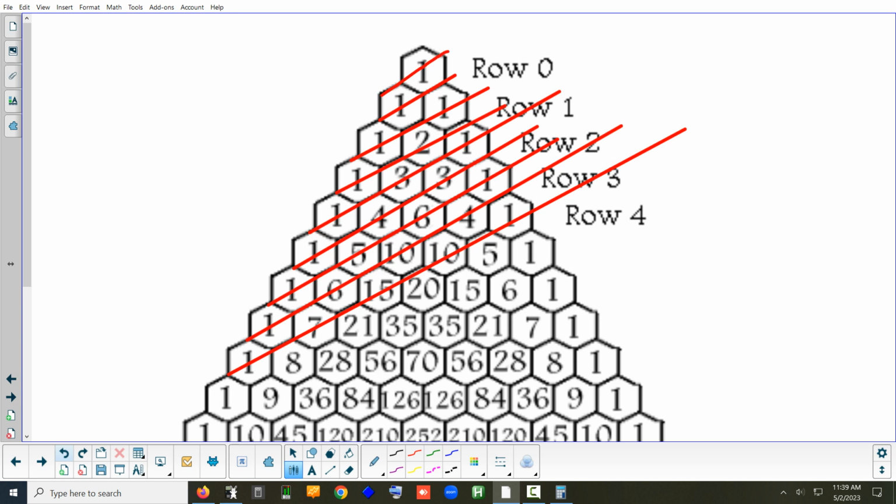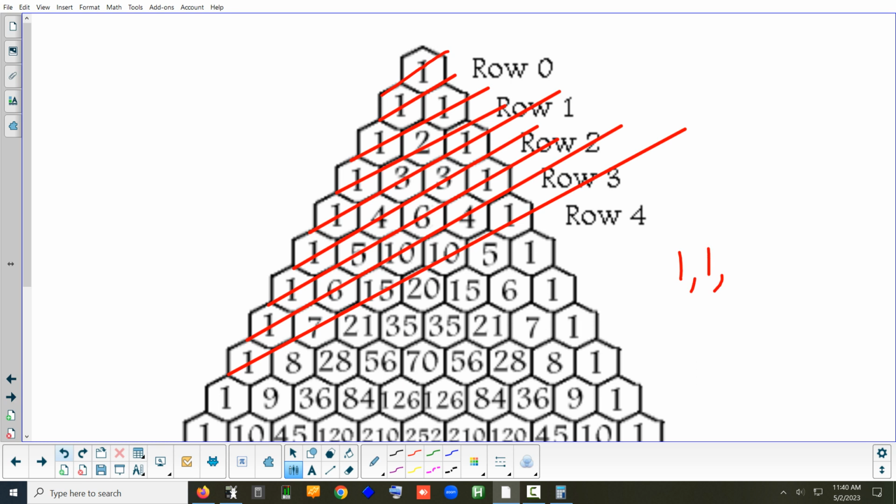All right, so let's add up all the numbers that it goes through. It doesn't count if it hits the edge of a hexagon. It has to go through the middle of it. So look at the first one. What number does that first line go through? Just a 1. How about the second one? It's just a 1. Remember, we're adding them up now.